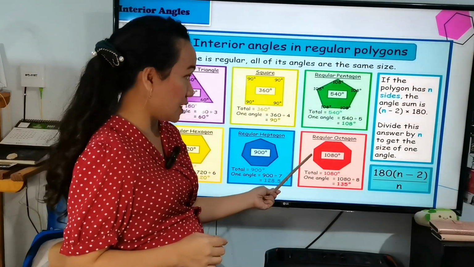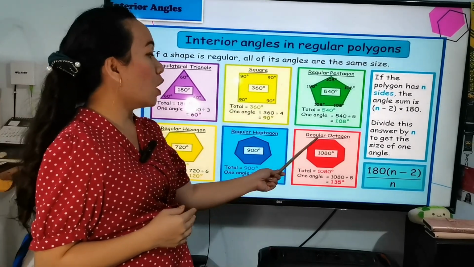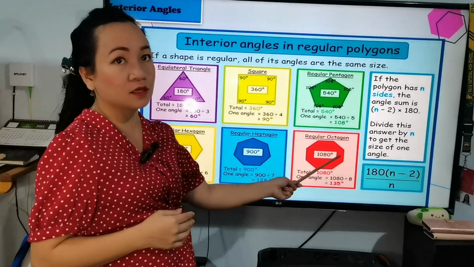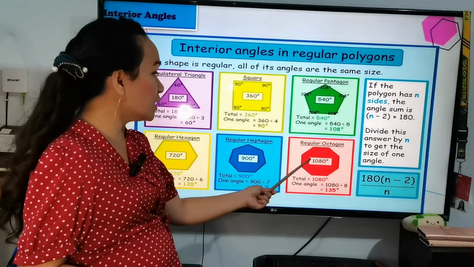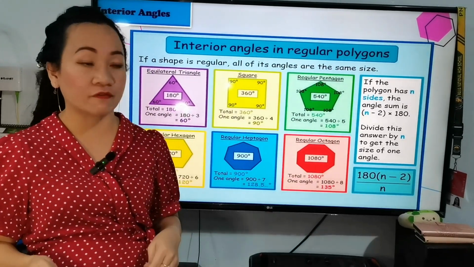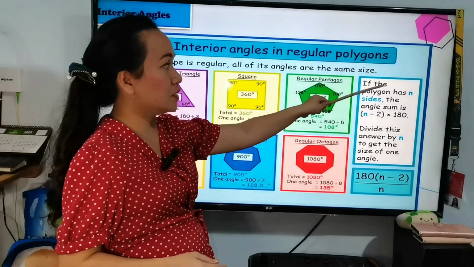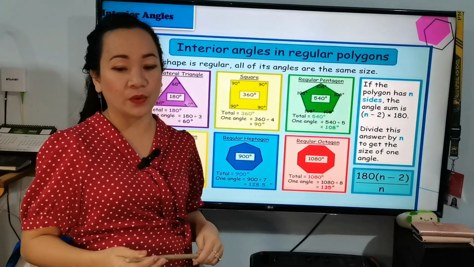And lastly, we have the regular octagon. The sum of the interior angles of our octagon is 1080 degrees, and each angle of our octagon measures 135 degrees. Here on the left side, you have the formula.